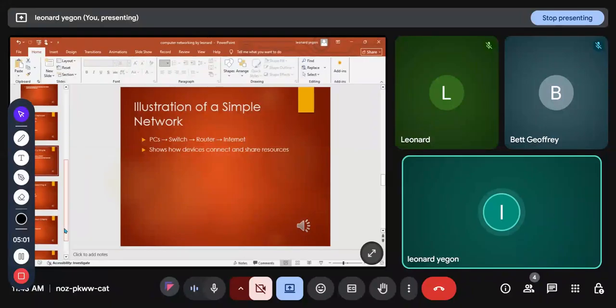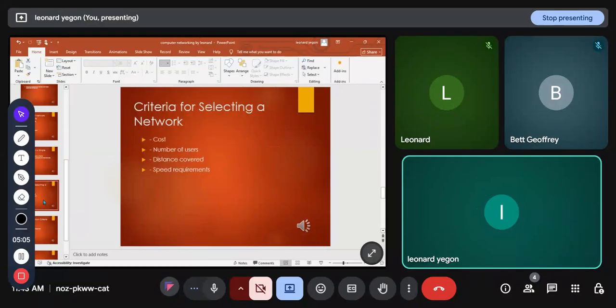In the next part, we shall see the criteria for selecting a network. For example, you have decided to have a certain network. You are supposed to consider several things. The first one is cost.